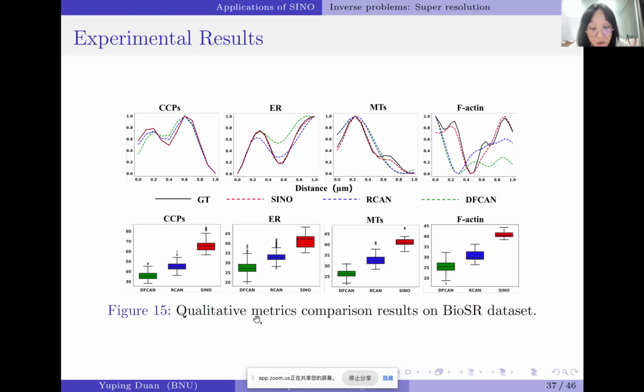The box plot shows the PSNR value. It also shows that SINO gives much higher PSNRs on all 4 structures. So the improvement is consistent across structures with different complexities.